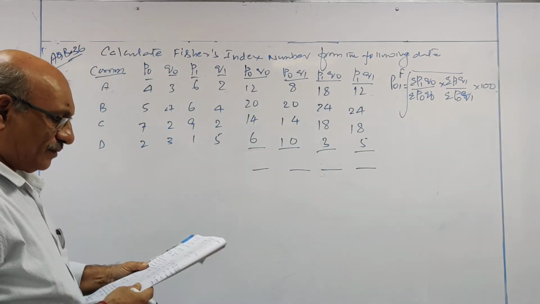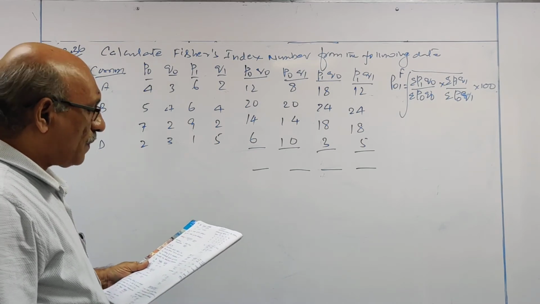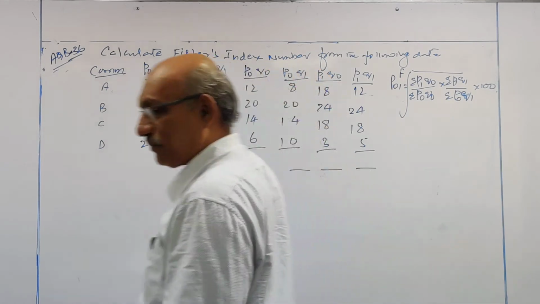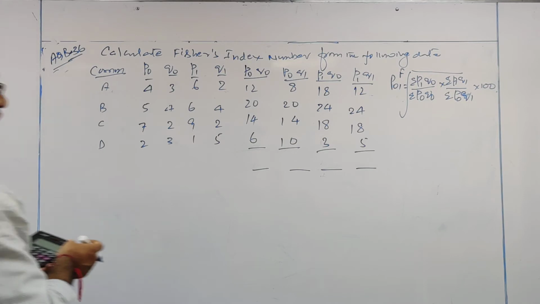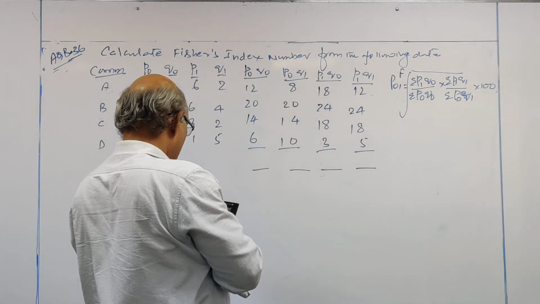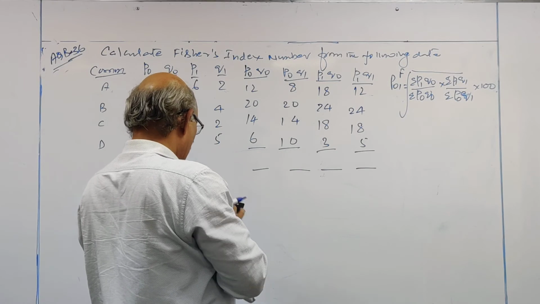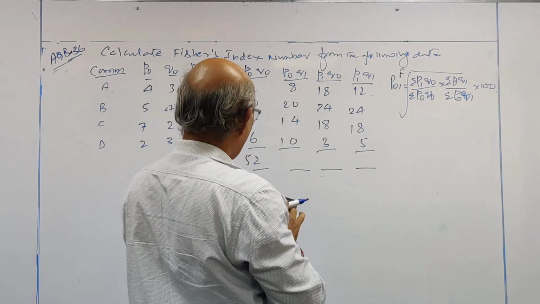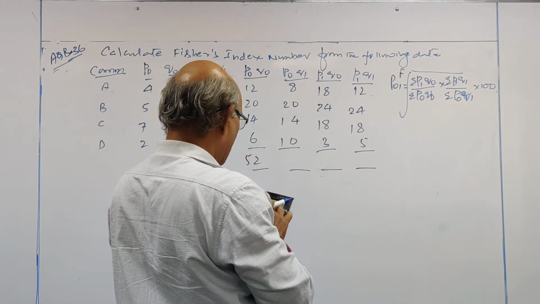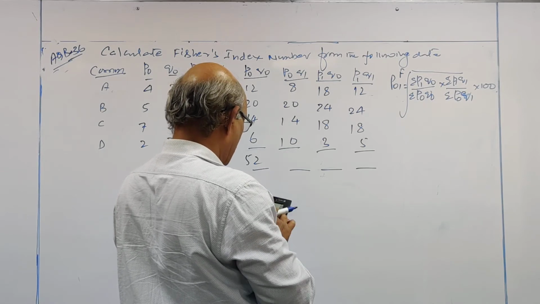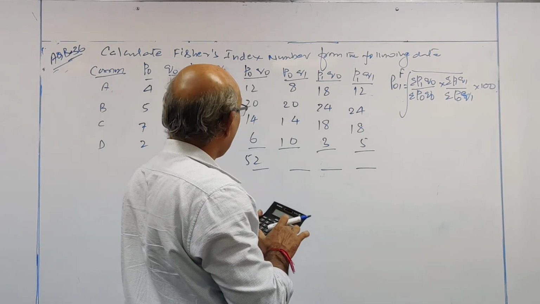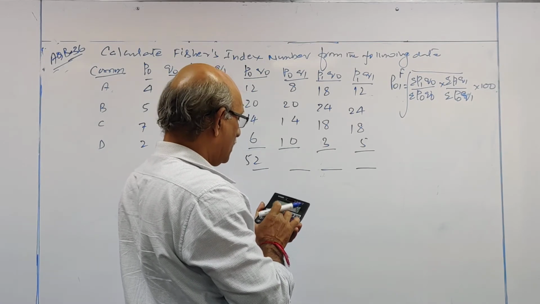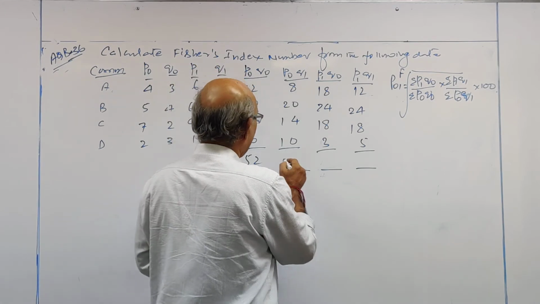Let me get the totals here. P0 Q0: 12 plus 20 plus 14 plus 6, 52 is the total. P0 Q1: 8 plus 20 plus 14 plus 10, again 52.